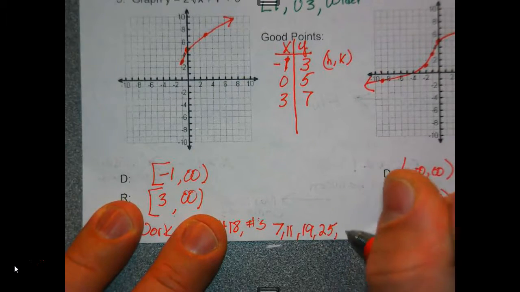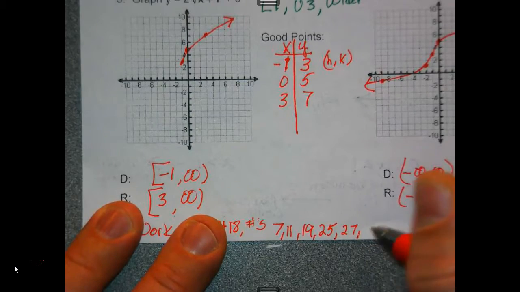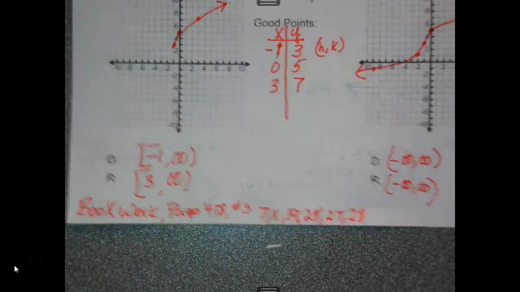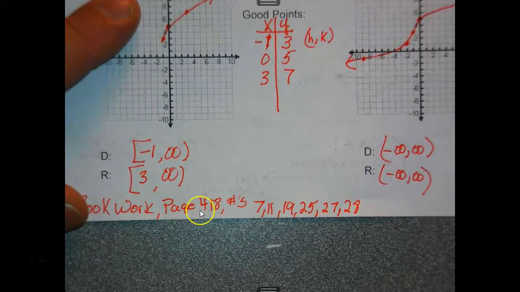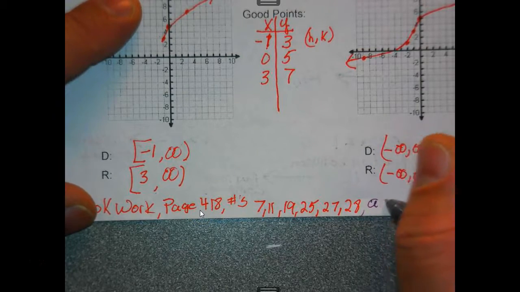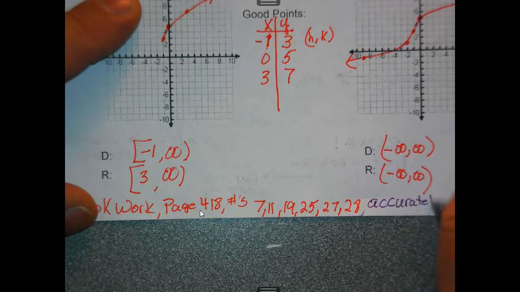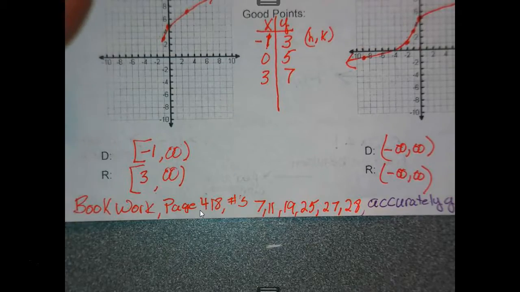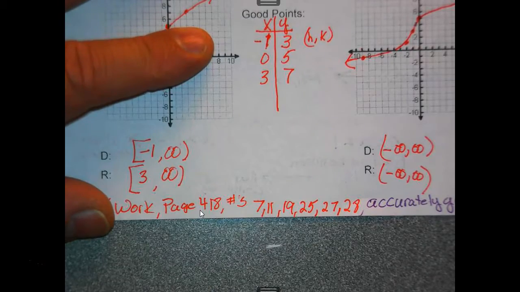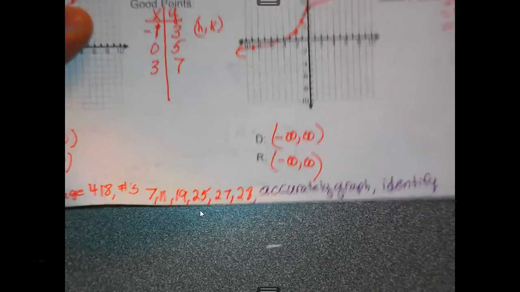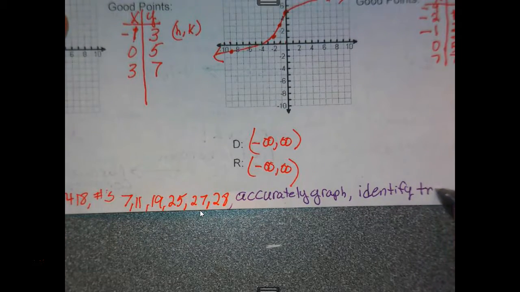So 6 problems. And here's the kicker. You have to accurately graph these. Accurately graph. Which means your good points. You have to identify the transformations. Exactly what we did. And what else? Domain and range, right?